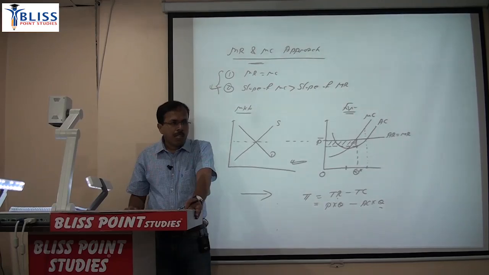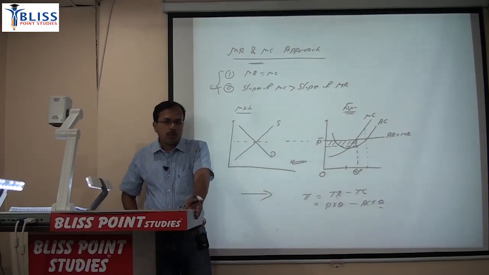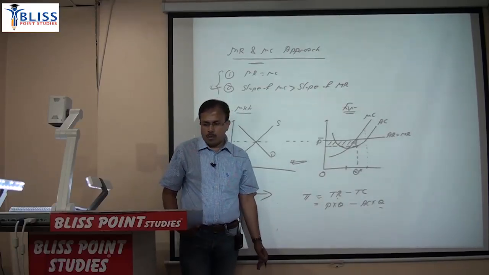Within brackets, MR greater than MC. So profit can be increased by producing more output.